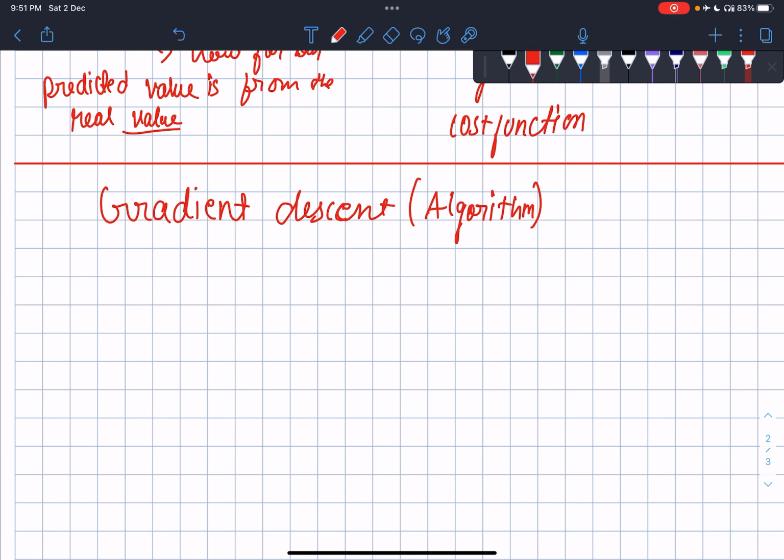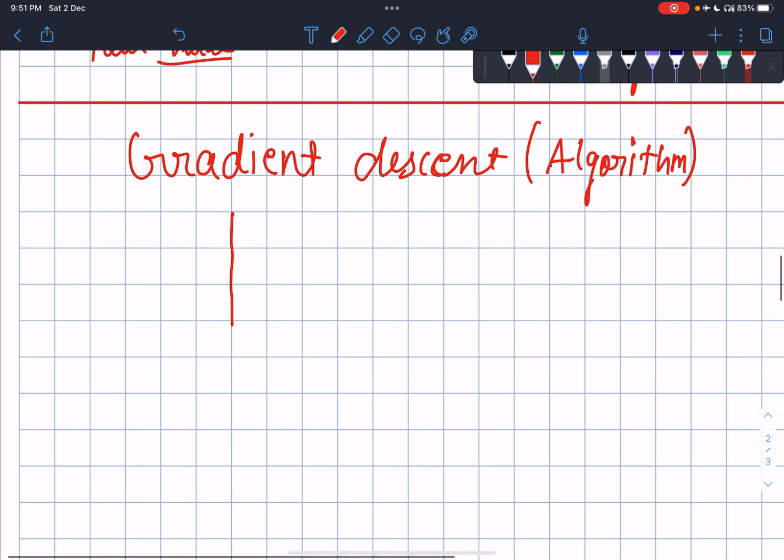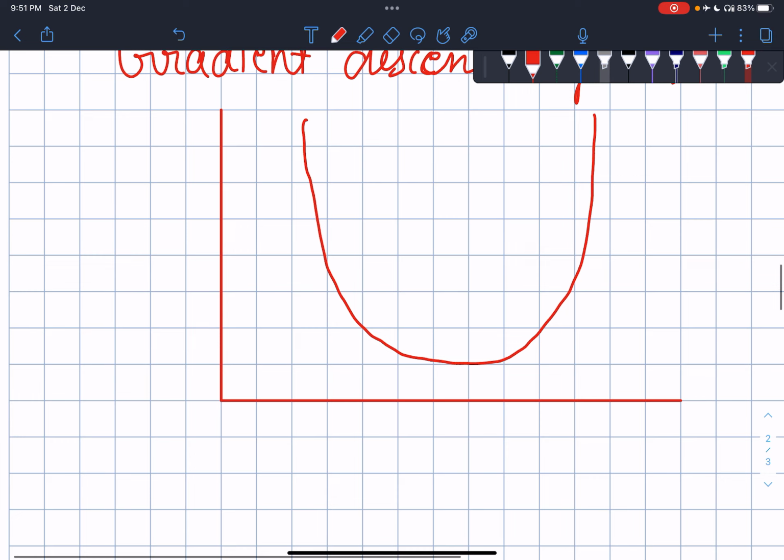So this is gradient descent, and I'm giving an overview. Gradient descent looks like this: we have a graph and a line like this, not always exactly like this, in which you can see the minimum.